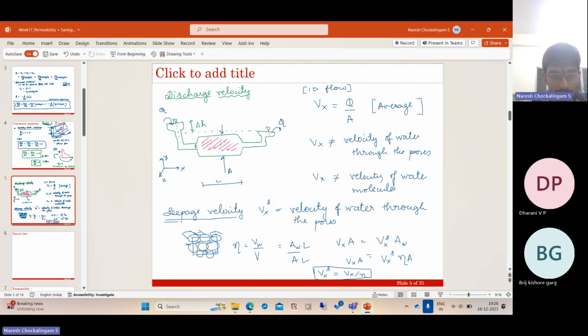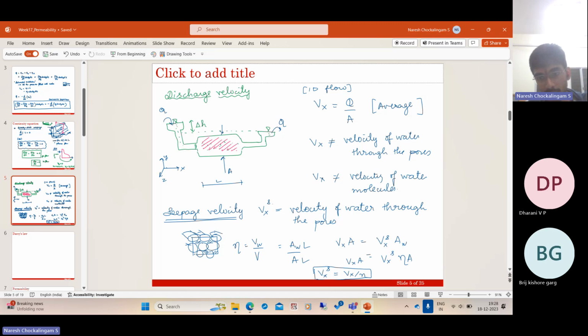So whenever we say seepage velocity, the seepage velocity is the actual velocity of water through the pores, and that is much higher than the discharge velocity. You know, porosity lies between 0 and 1, typically around 0.3 or so. And so the seepage velocity, because the area of the pores is very small compared to the total area, the actual velocity of water is much higher because it is scaled by this factor of the total area divided by area of water, which is the inverse of porosity.